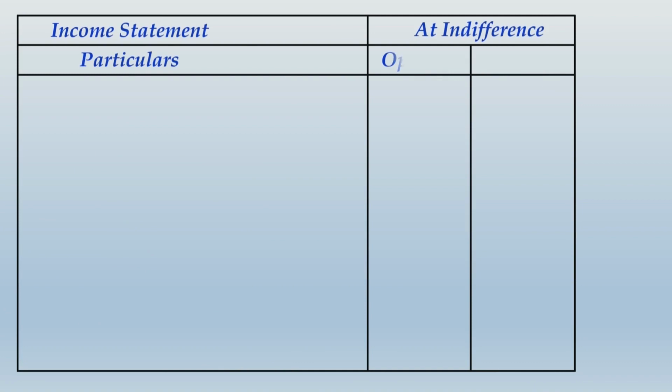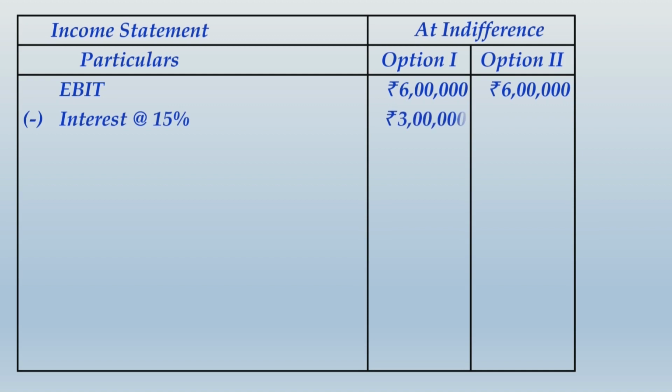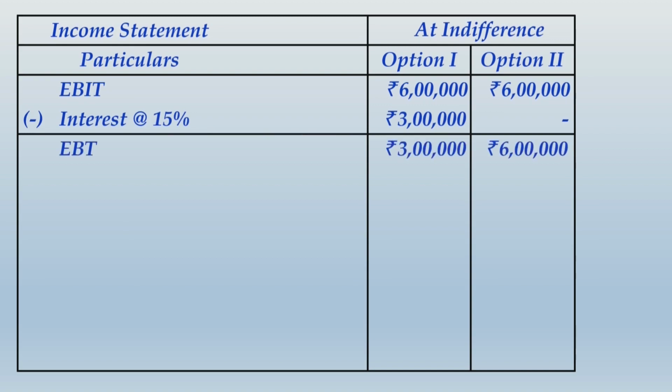When you are making an income statement at indifference, do you know what you will do? The EBIT which you obtained as an indifference point, that is rupees 6 lakhs, you consider 6 lakhs of EBIT under both the options and then start making up your income statement in the usual manner. So that will be EBIT minus interest. Can you notice interest we have deducted only in option 1.